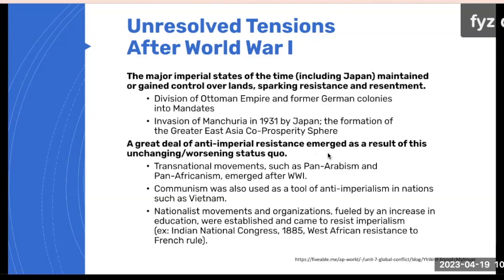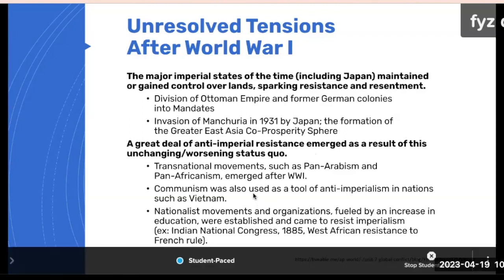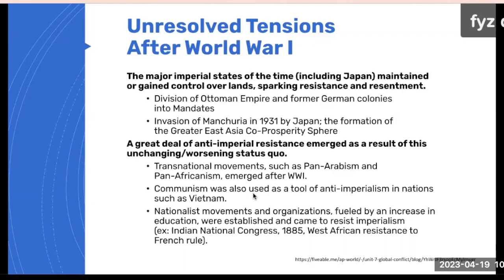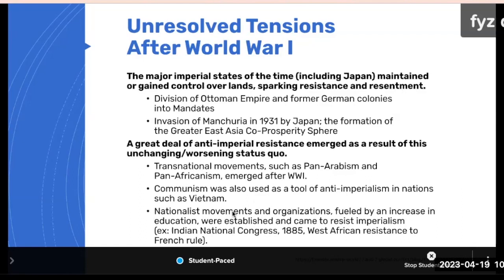And we're also going to see the rise of communism, just like we saw the rise of communism in response to the Industrial Revolution, where we're going to see communism rise in response to the imperial movement, trying to help with that independence. And we see, of course, increased nationalism.